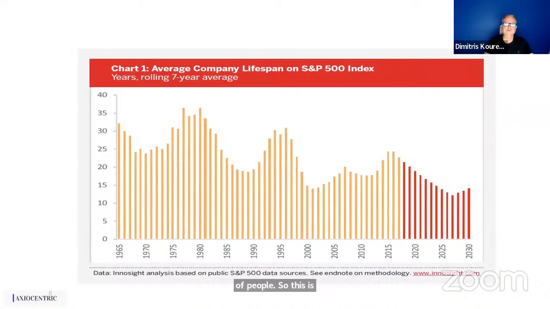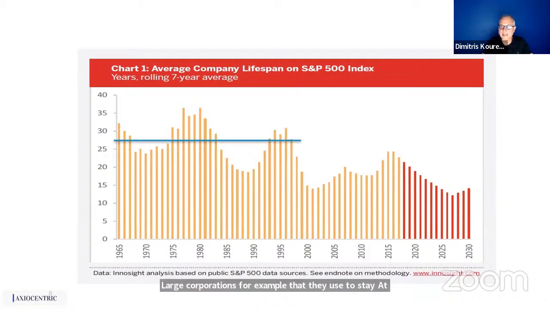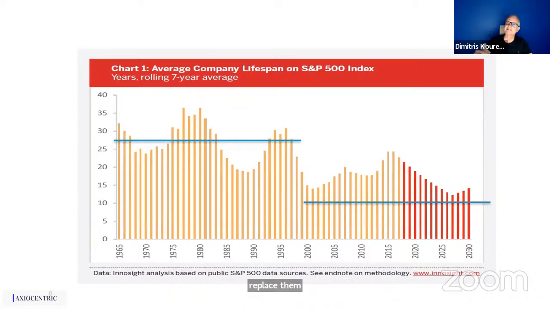Large corporations, for example, used to stay in the Standard and Poor's 500 for about 30 years in the past before they were dropped and replaced by somebody else. Right now, in the last few years, they can hardly stay there for 10 years on average, of course.